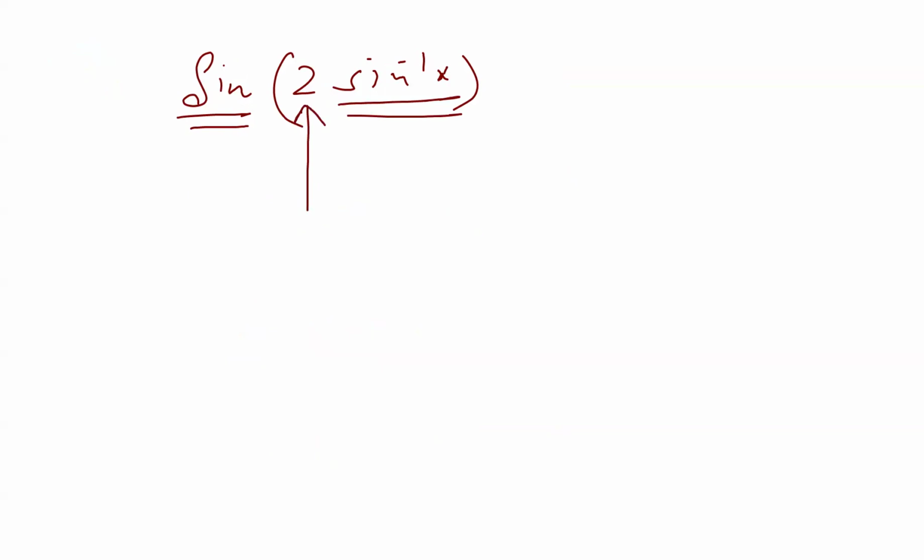Sine of 2 sine inverse of x. In this case, we cannot cancel sine and sine inverse because, along with the trigonometric function and ITF, there is a constant just before the ITF. Had it been sine inverse of 2x, we could have cancelled, but this is 2 sine inverse x. So here we cannot cancel sine and sine inverse.